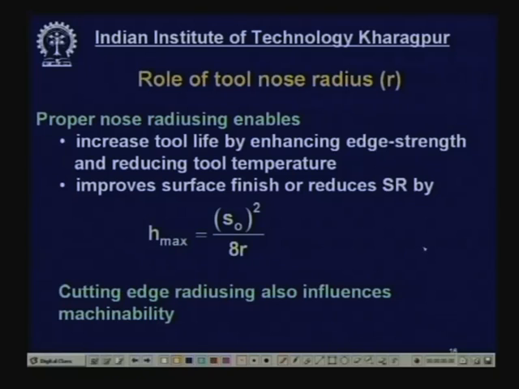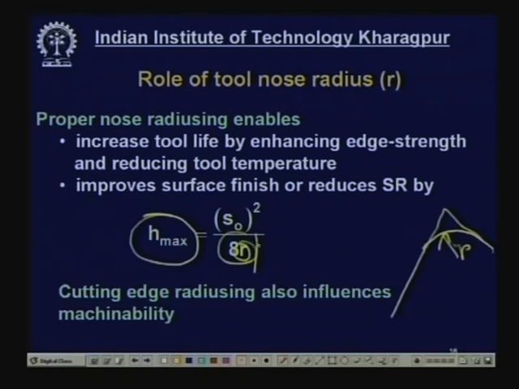This is the tool, this is radiused, the sharpness is reduced and this is R. The surface roughness will be proportional to feed squared, that is a measure of productivity, divided by 8R, where R is the nose radius. If nose radius is increased, then surface roughness will decrease and surface finish will improve.